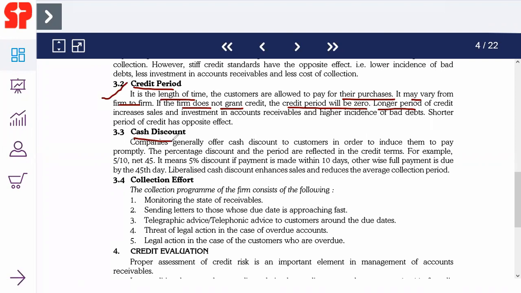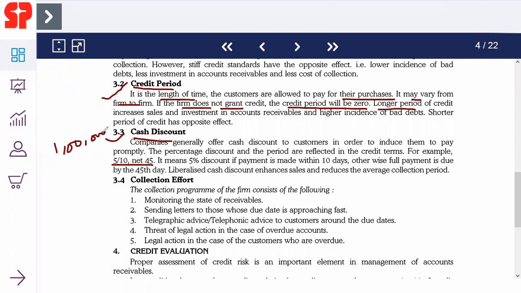Then cash discount, which we have already discussed. Cash discount is a discount given to the customer to induce or encourage them to make prompt payment. See, 5/10 net 45 means you can pay within 45 days, but if you pay within 10 days, you will get a 5% discount. Suppose 1 lakh is the price.